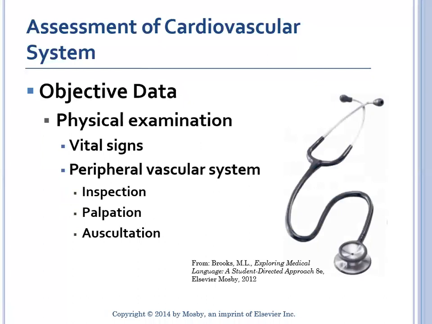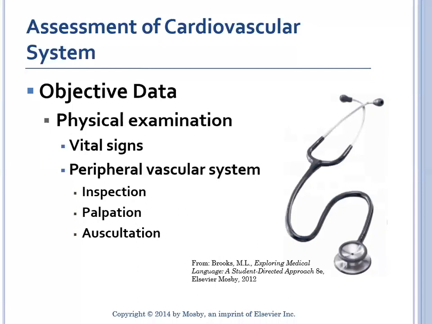All right, so objective assessment, obviously we're going to get vital signs on all of our patients. We want to look at their general appearance, vital signs, measuring their blood pressure in both arms. It's normal from arm to arm to vary by about 5 to 15, okay? But you want to use the arm with the highest blood pressure for subsequent blood pressure measurements.